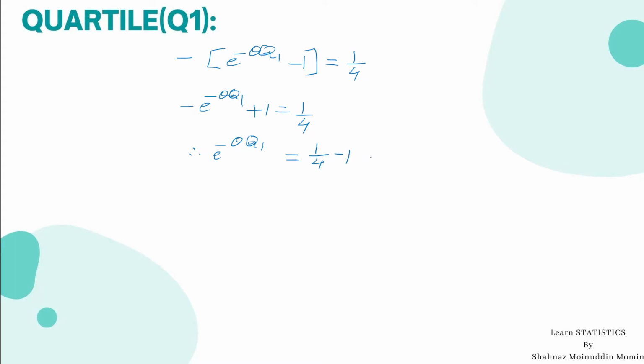Take 1 here, so it is minus 3 by 4. This minus sign and this minus sign get cancelled. We get e raised to minus theta Q1 is equal to 3 by 4.